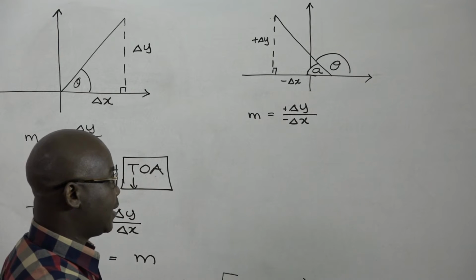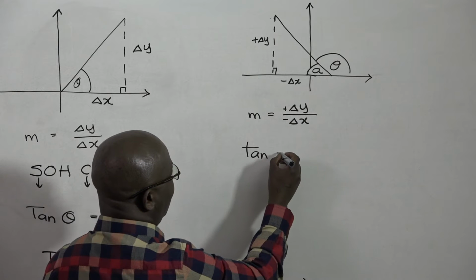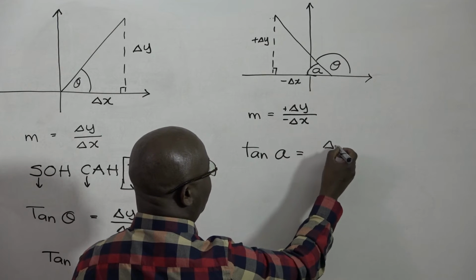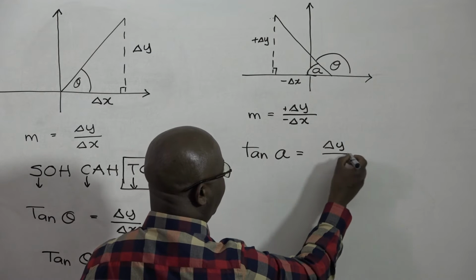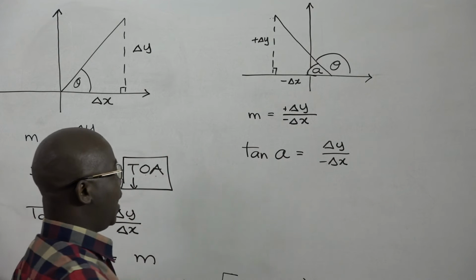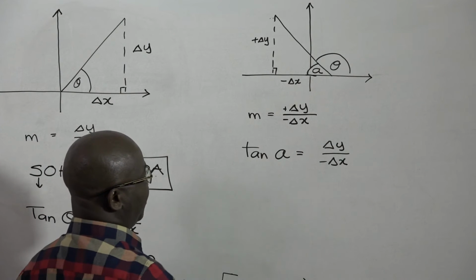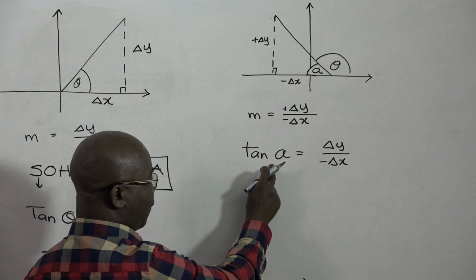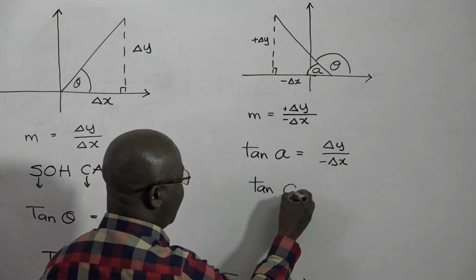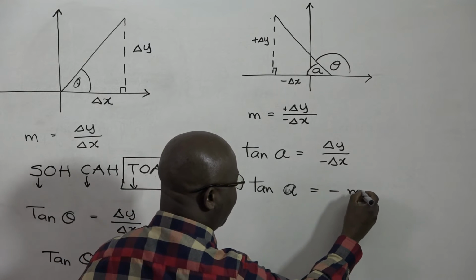And then the next thing is that the tangent of A is also equal to the positive y divided by the negative x, the tangent of A. Therefore, it means the gradient, which is negative in this case, is equal to the tangent of A. So I can write that and say tan of A is equal to negative m.